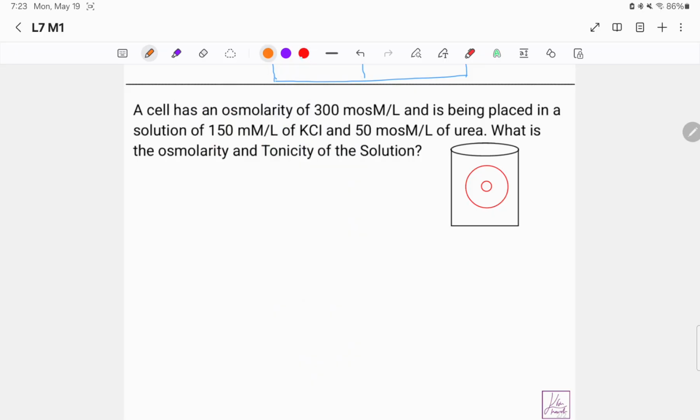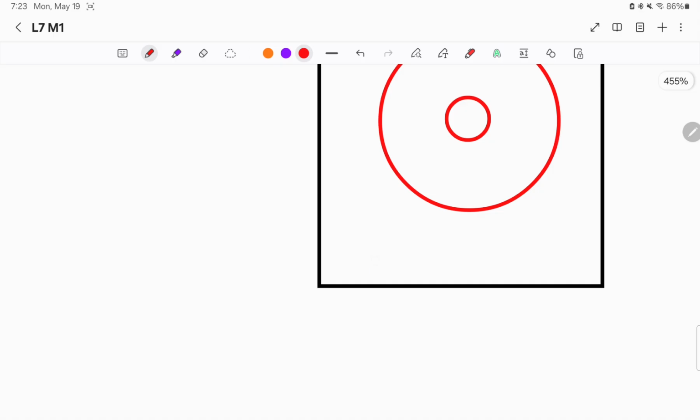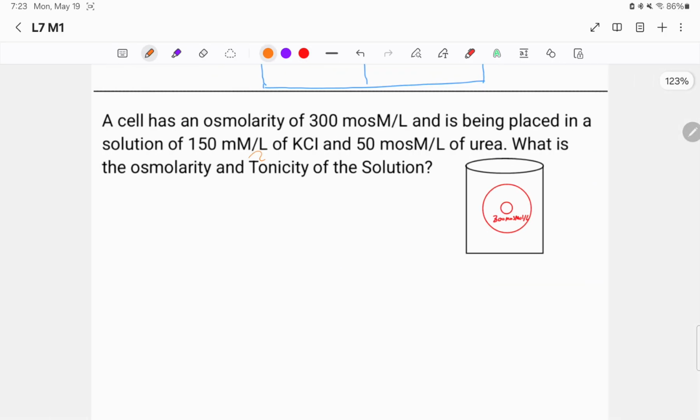We know that the value inside is 300 milliosmoles per liter. We know that the solution has 150 millimoles of potassium chloride, which just means that if I multiply by 2, it has 300 milliosmoles per liter.